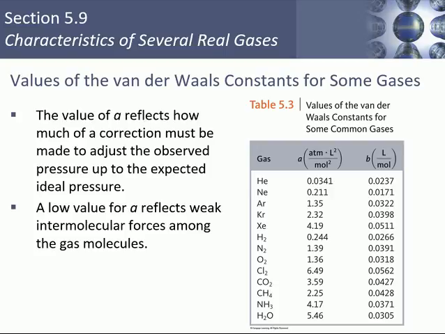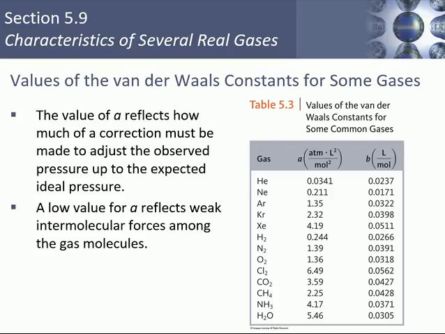Notice on table 5.3, these are the van der Waals constants for some gases that I'm sure you've heard about. Notice those first two gases up there, helium and neon. Those are noble gases, things that are fairly inert. But if you go all the way down to the bottom, you see water, which is polar, and then kind of bottom two-thirds there's chlorine gas, which is very, very reactive. It's got a pretty high value itself.